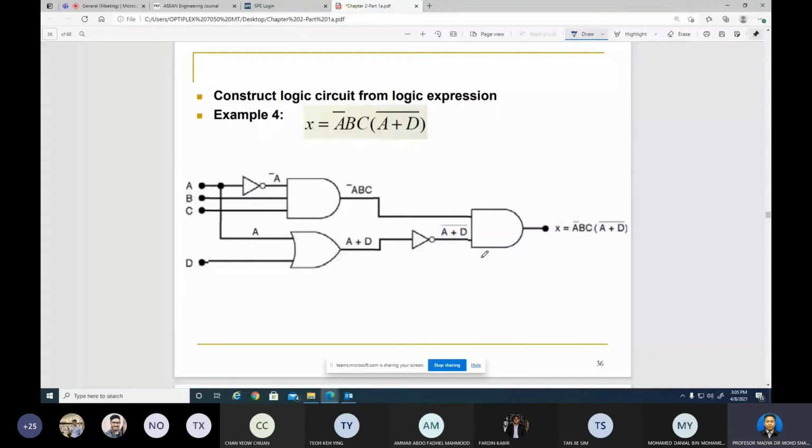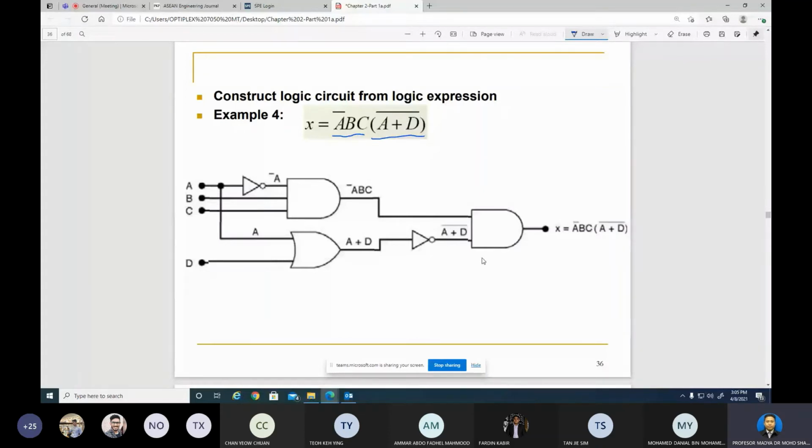Okay, for example, we have example 4. We have this operation and this operation. So that's why you have N here. For me, normally, as I mentioned to you, I do from the output to the input if we have the logic expression.